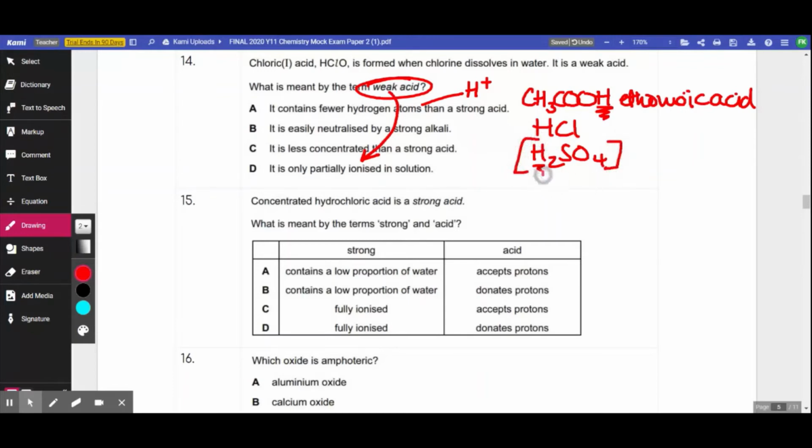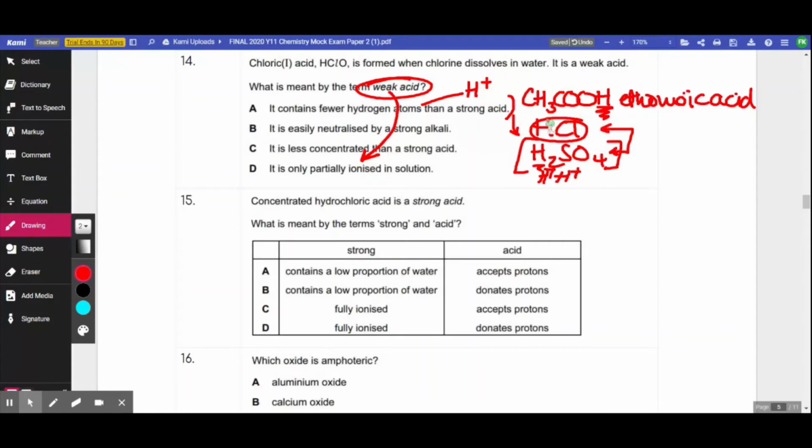You've got a source of 2 hydrogens as ions. By the logic of what's being explained in choice A, you'd think, well, maybe sulfuric acid is twice as strong as hydrochloric acid. Well, that's simply not the case.